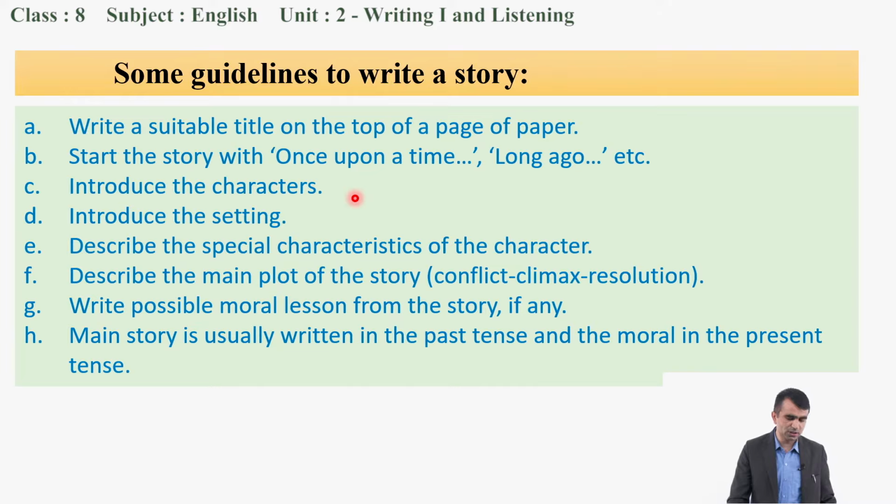This way, with some expressions like once, you can write a story, because stories are based on what happened in the past. So generally, though not always, you can start with once upon a time, or once, or long ago.